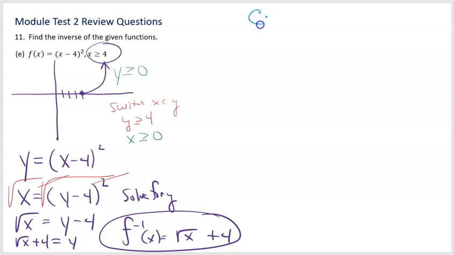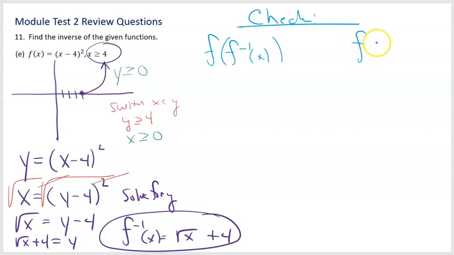So to do the check, remember we have to calculate f composite f inverse of x, and we also have to calculate f inverse composite f of x. So in other words, the first one, take your inverse and plug it into your original function. My inverse, the square root of x plus 4, goes into my x right there.